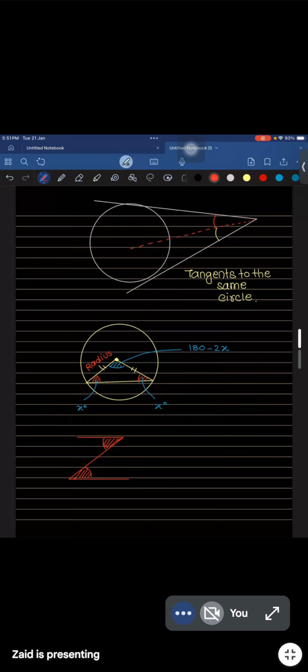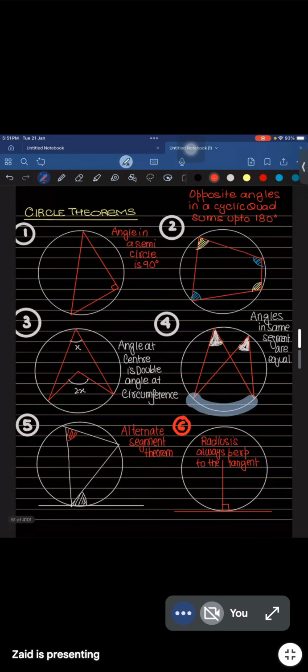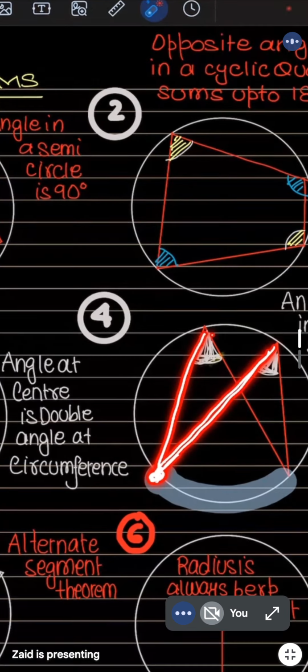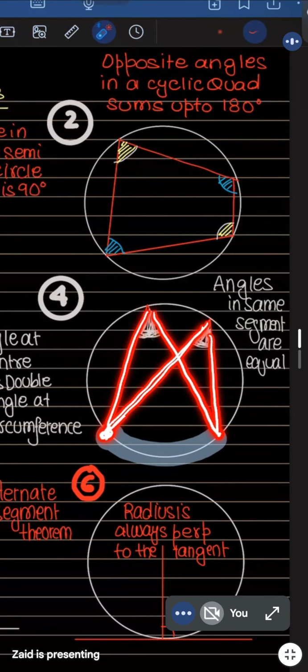Sir, please explain Theorem 4 again. Theorem 4 means that the angles in the same segment are equal. Just look here. These two sides meet up over here, and these two sides meet up over here.